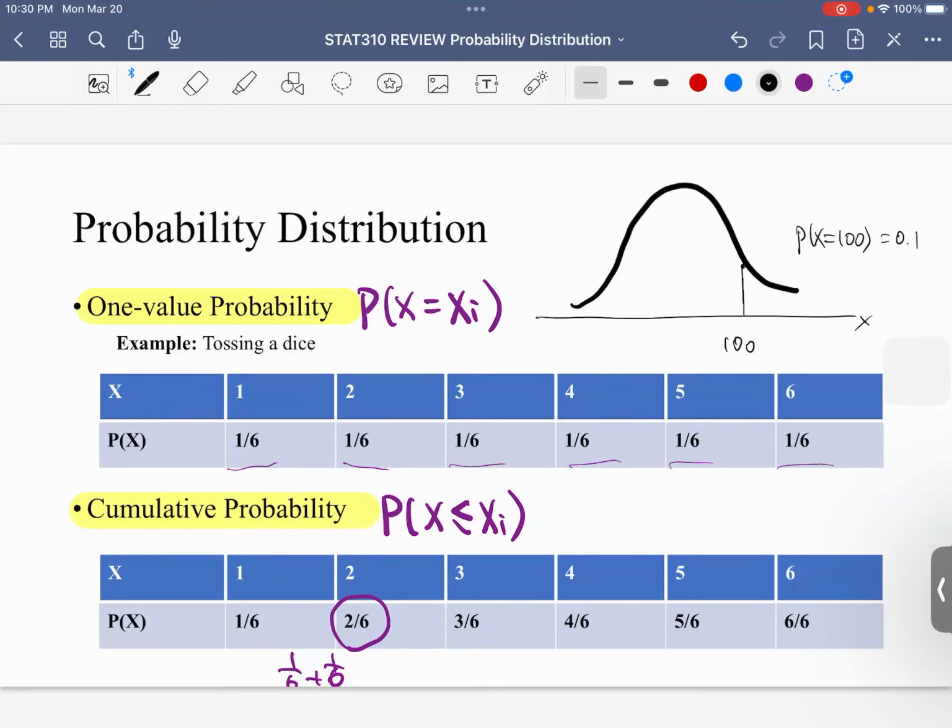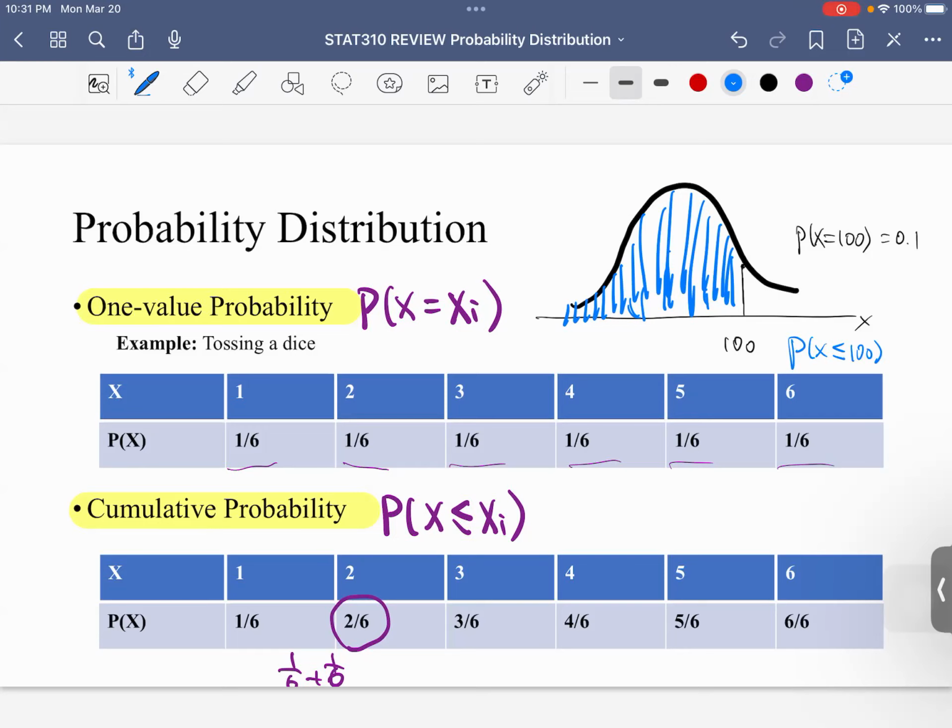So that is the one value probability, the probability at a particular point. When you look at the cumulative probability, P(X less than or equal to 100), which means you are looking at the probability that adds up to 100. So it's a totally different value, a totally different concept.